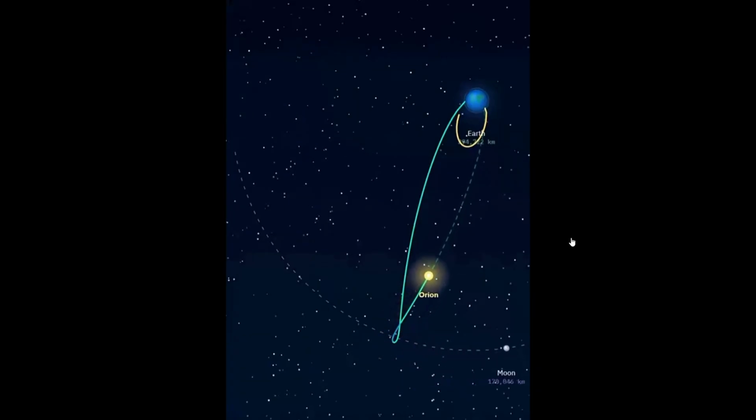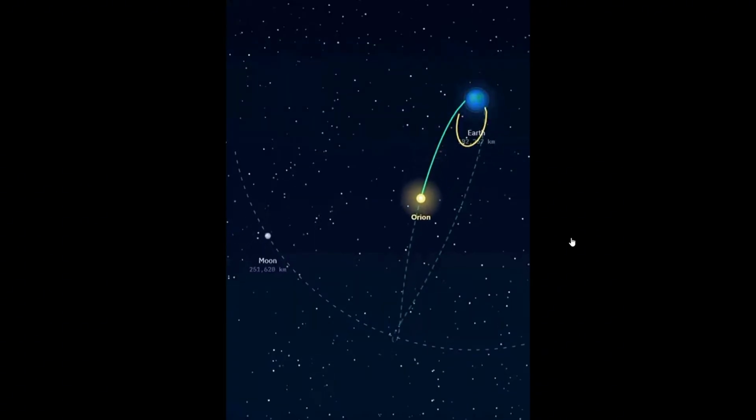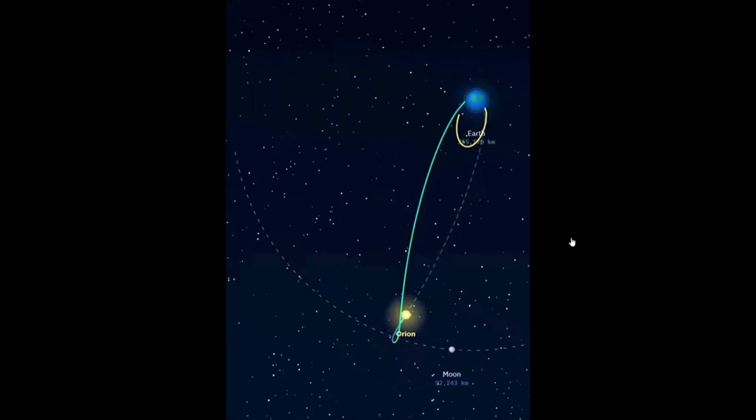So in all of this, what you see is that the NASA engineers have minimized the amount of fuel by maximizing the transfer of kinetic energy from the Earth to the Orion spaceship and from the moon to the Orion spaceship, so we don't have to pay for it, okay? Let the moon pay for it.